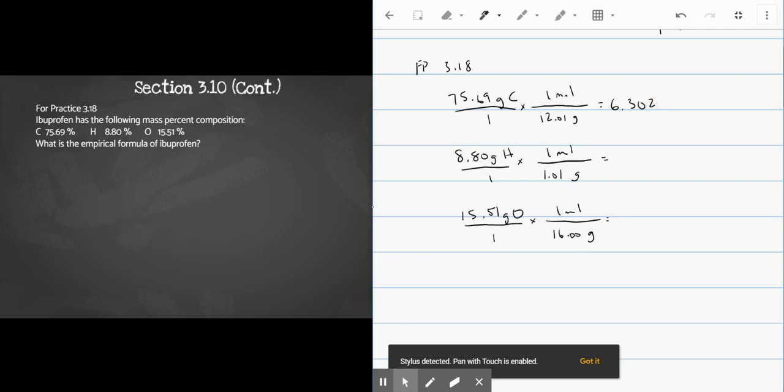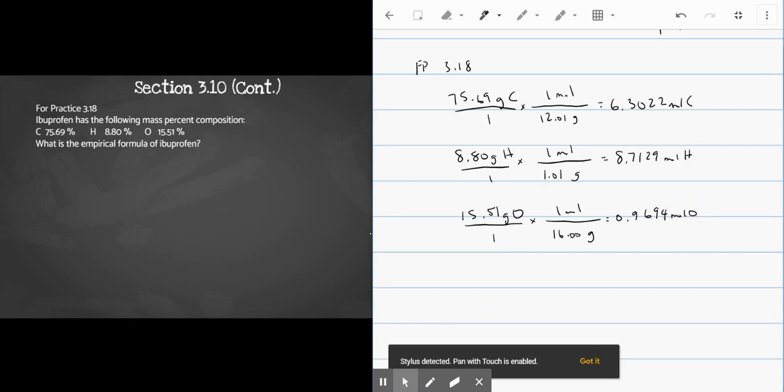And let's do 8.8 divided by 1.01. And I get 8.7129 moles of H, and then 15.51 divided by 16 is going to be close to 1. 0.9694 moles of oxygen.